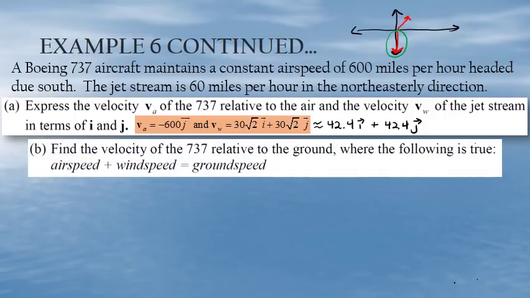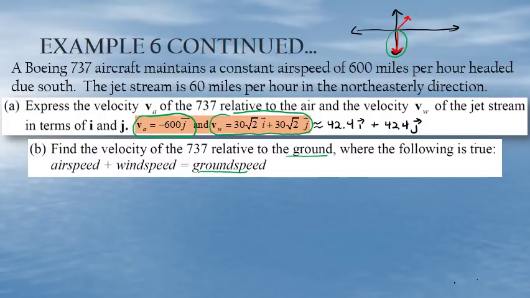Part B says find the velocity of the 737 relative to the ground where the following is true. Airspeed, which we know, or at least have a position vector for it, and wind speed, which we also know something about, is equal to ground speed, and they want me to find a velocity vector for ground speed.